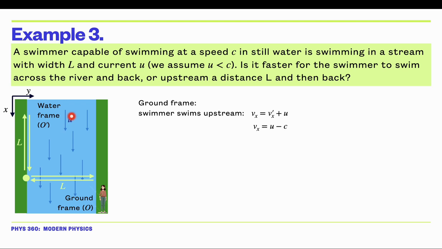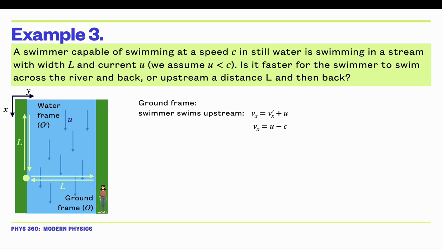So we are saying that the velocity of the water is just u. We said that the velocity of the swimmer is c relative to the water, but again, the person is swimming upstream, so their velocity is going to be in the negative x direction. That's why we have a negative c here.